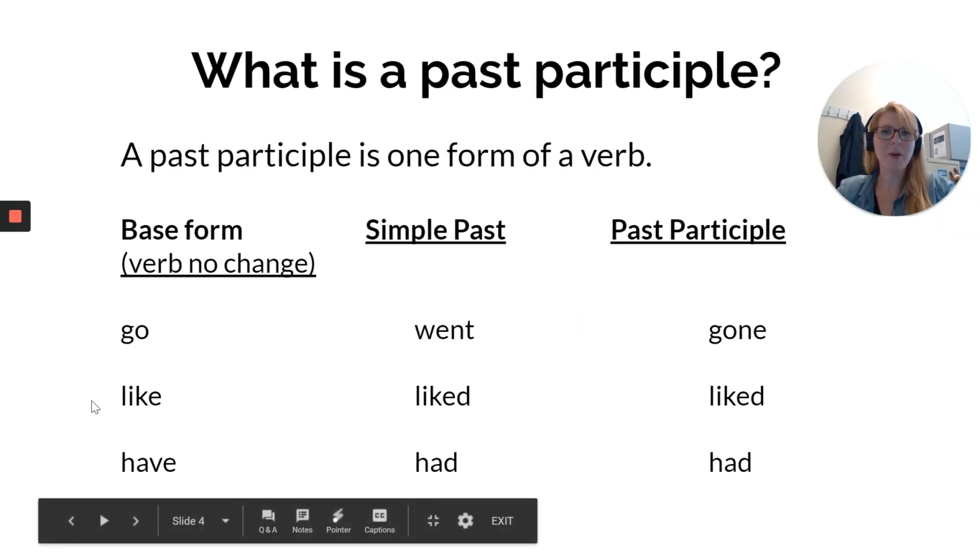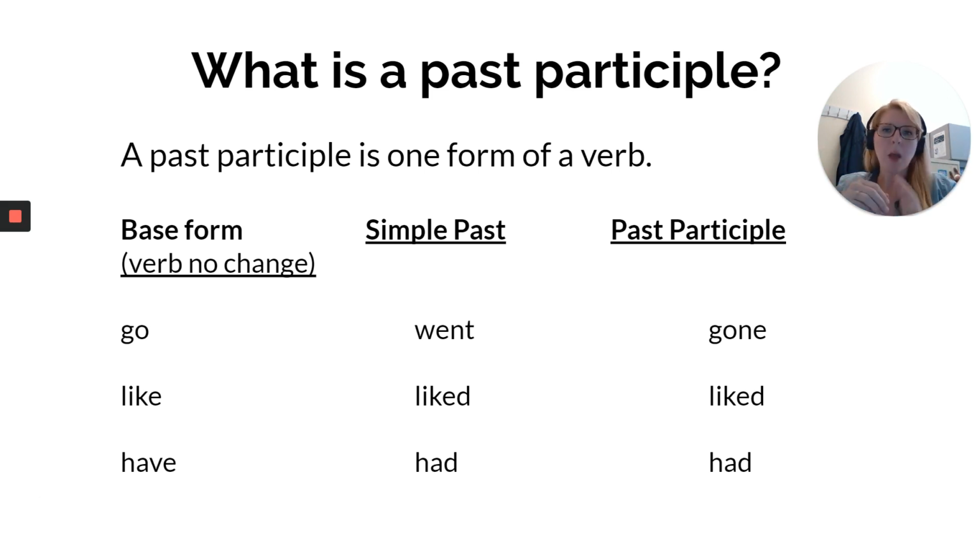Now, I say past participle. What is a past participle? A past participle is one form of a verb. So when we use simple present, we usually use base form. Base form is a verb with no change.